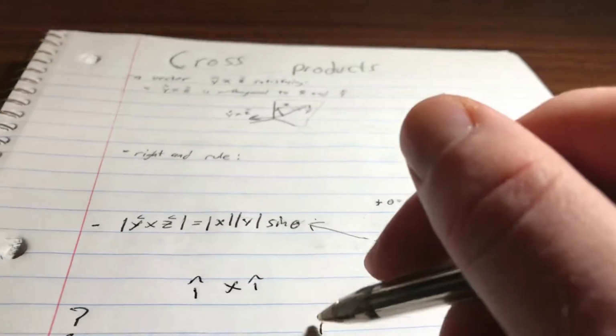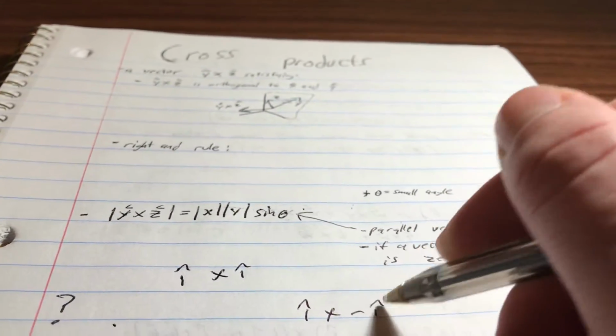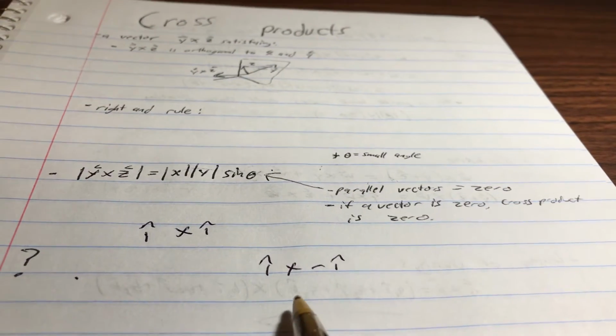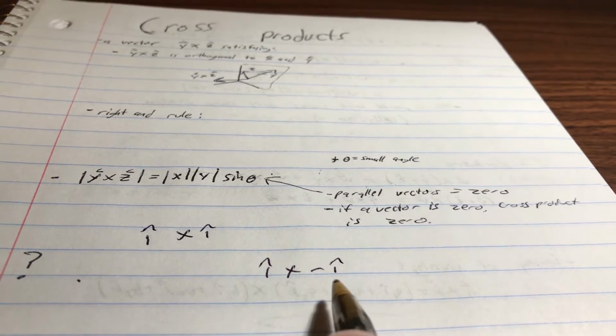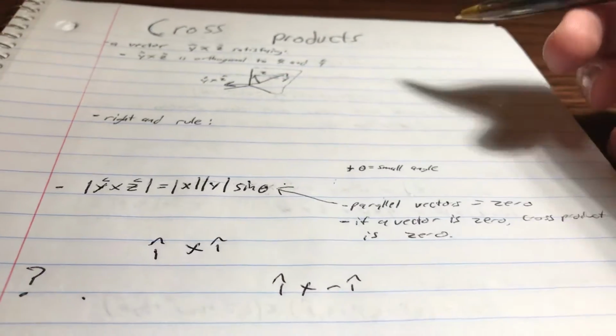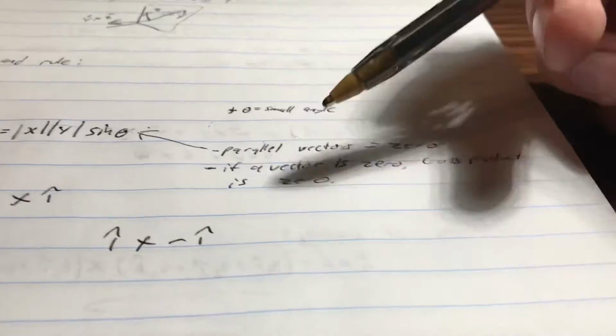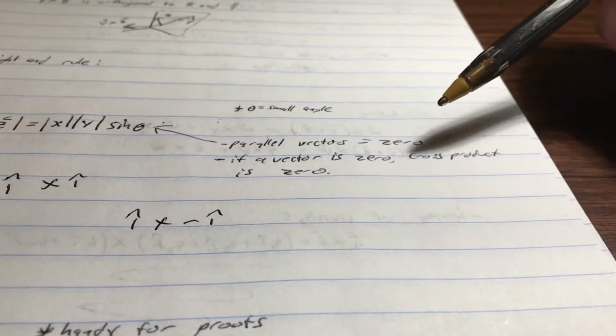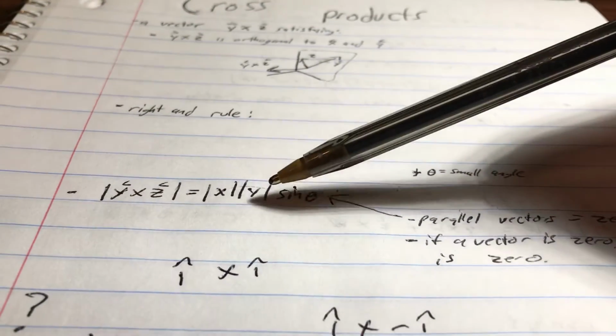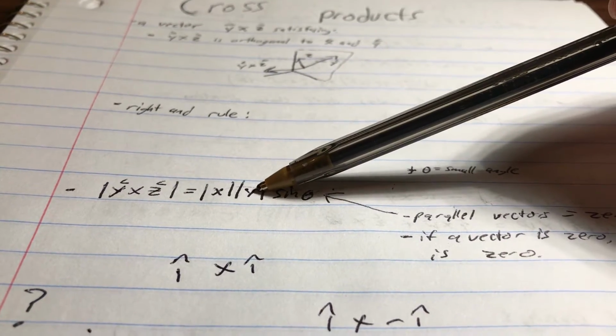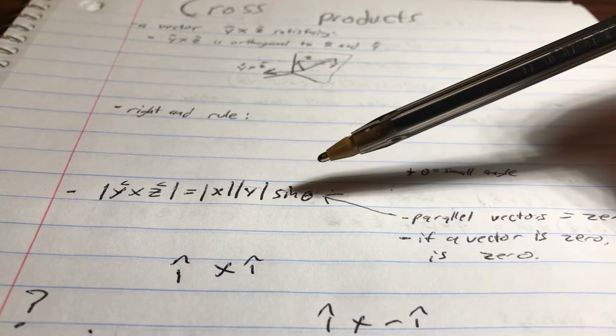I can't even take i cross negative i. Also different directions, but it's 180 degrees difference, and so that's going to make it 0. It also says that if a vector is 0, the cross product would be 0. That makes sense because if the magnitude of y is 0, then this will all 0 out.